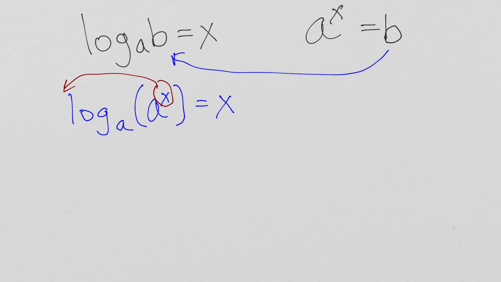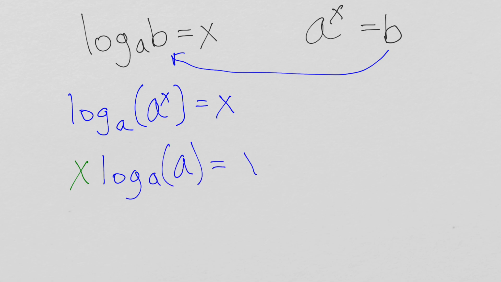Okay, so I can pull this out, and you'll see it done different ways, but doing this, I get X times log base A of A equals X. So now I get this X multiplier in front.